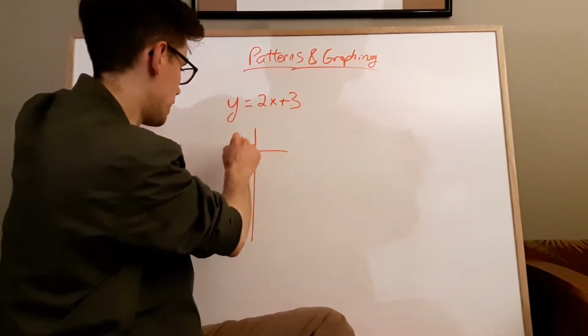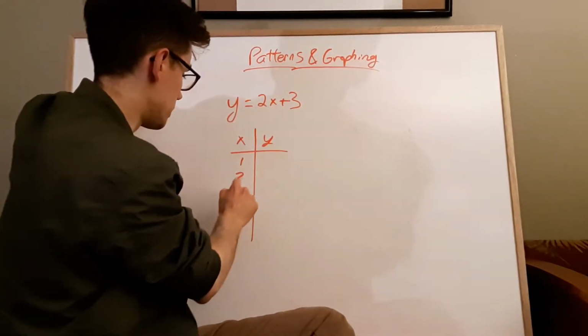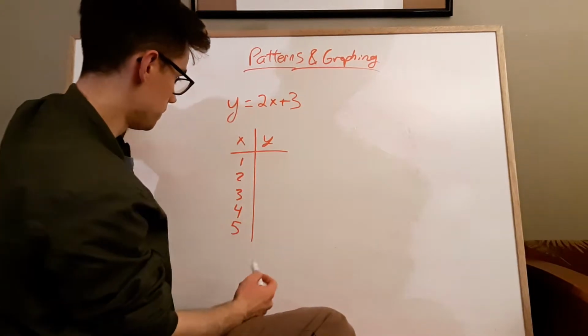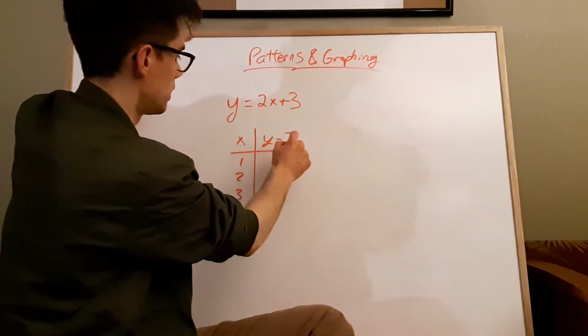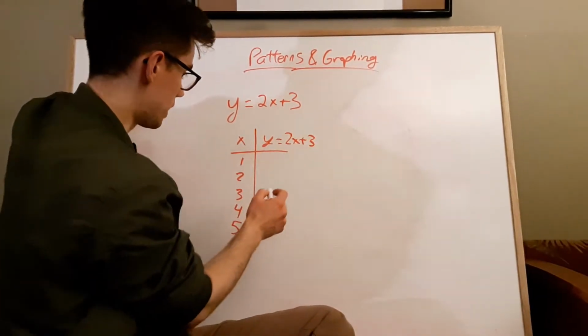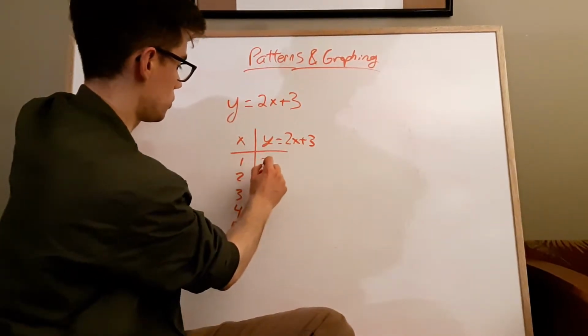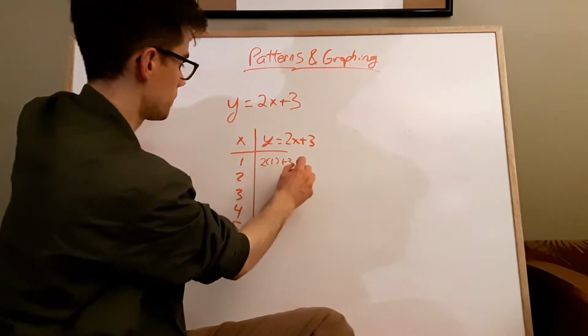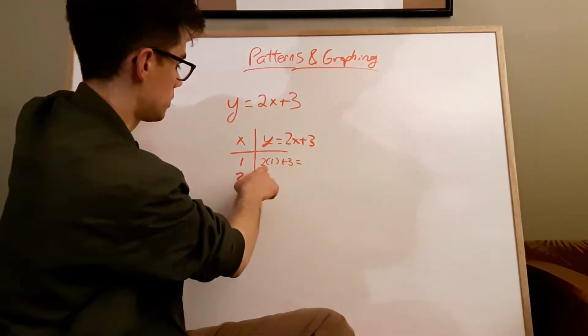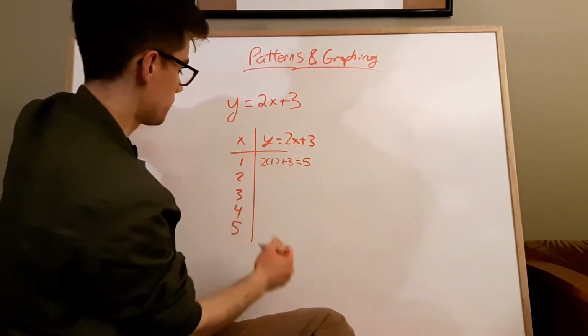If I made a table of values here, testing some random numbers, then since y is 2x plus 3, I could substitute these values into that equation and get 2 times 1 plus 3, which would give me 2 plus 3, which is 5.